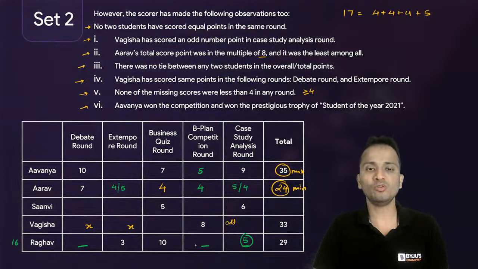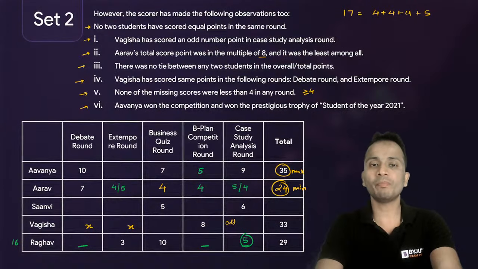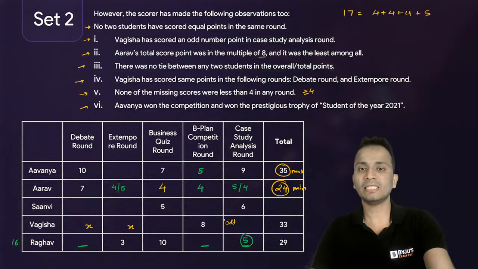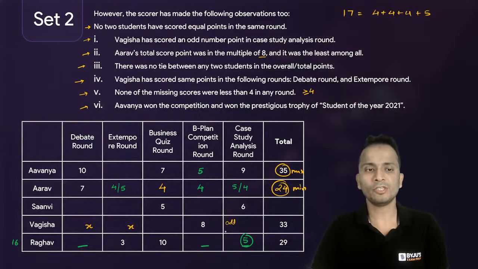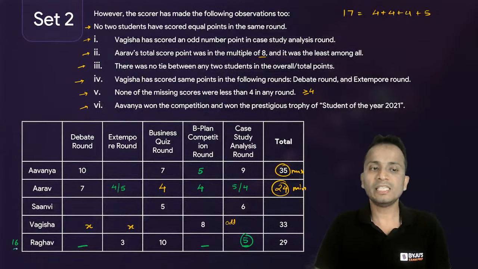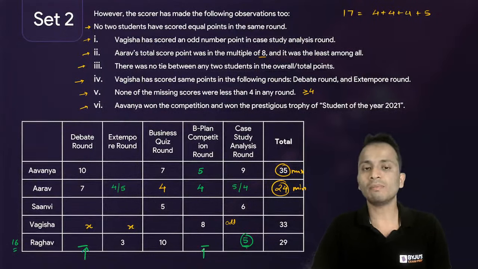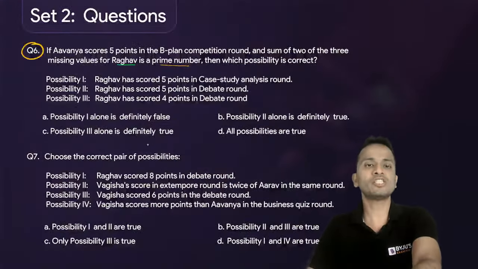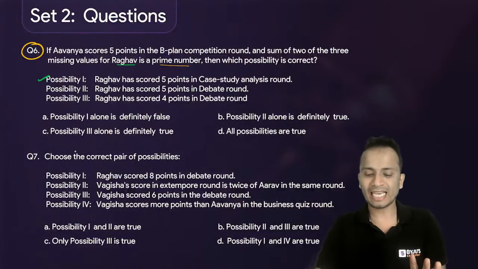I believe that will not be a problem, because you can put any of the other numbers at this place. If 5 is here, then from 16, 5 is gone, so the sum of the remaining 2 comes out to be 11. 11 is very much possible as the sum of the other 2, right? So the first possibility is absolutely fine, it can be true.